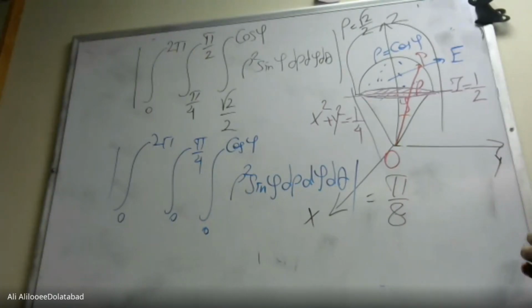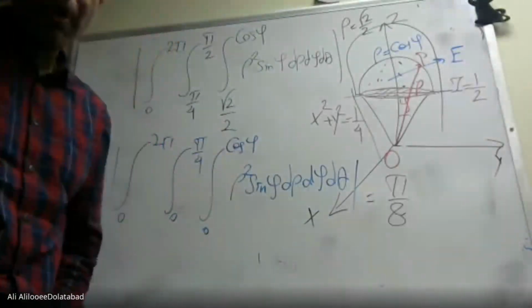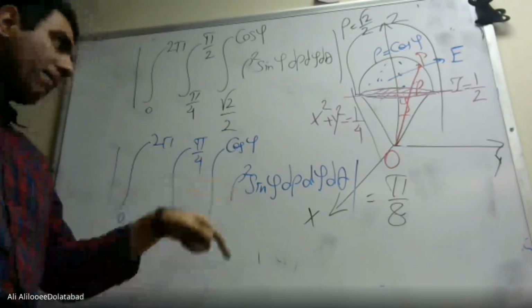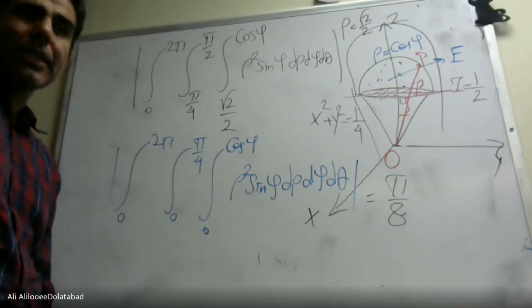On Thursday, when you come also, I will find this integral by using cylindrical coordinates. By using cylindrical coordinates we also get the same answer. My understanding is for this question, spherical is easier. You will see on Thursday when we find this integral in cylindrical coordinates. Spherical coordinates here are easier.